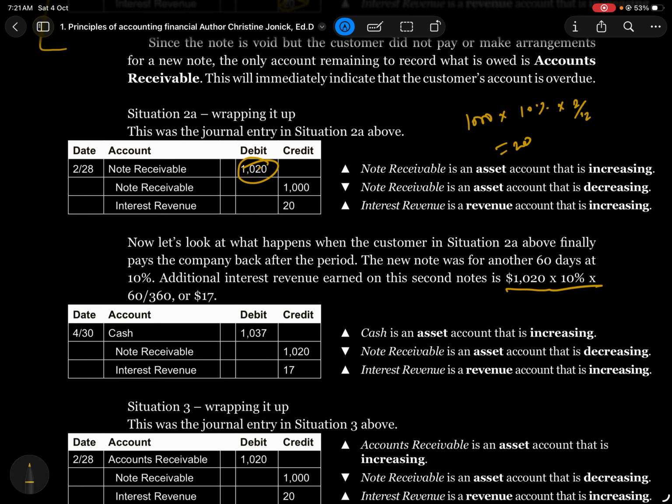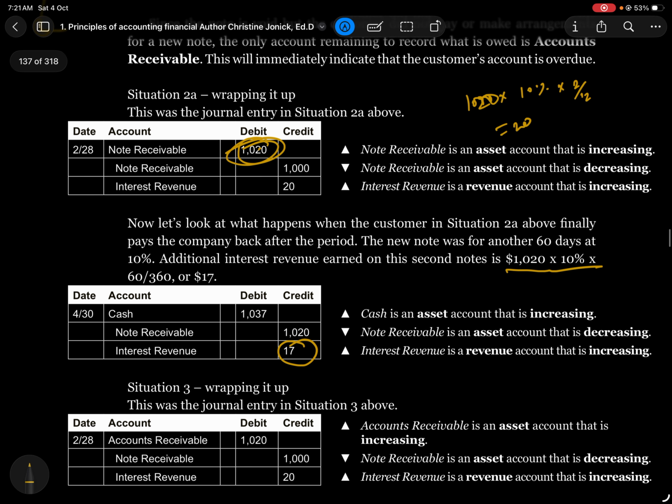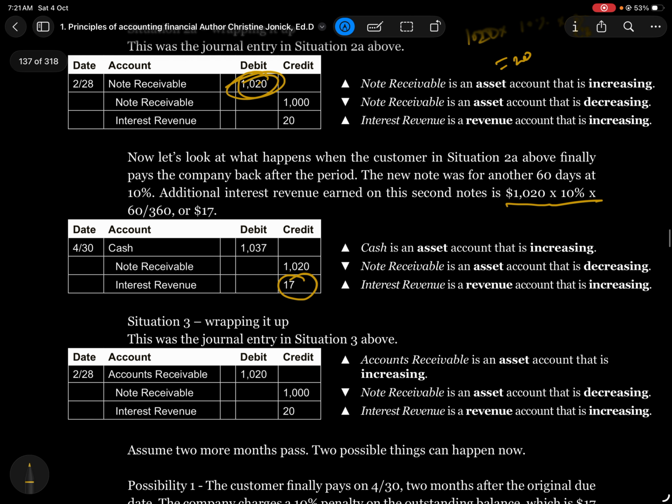Now the interest would also change because our amount has changed. Our principal amount itself changes. That's why the company has a possibility of earning more interest.